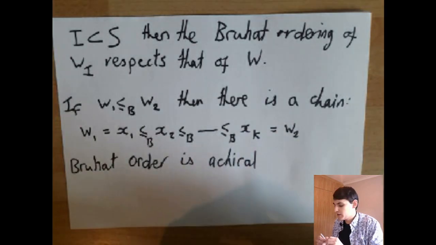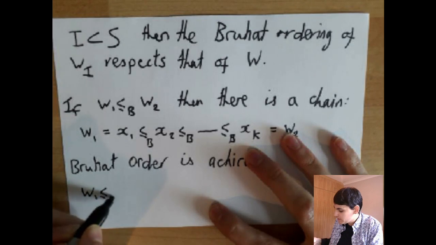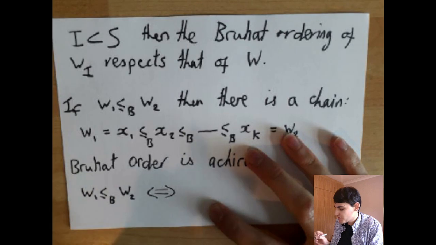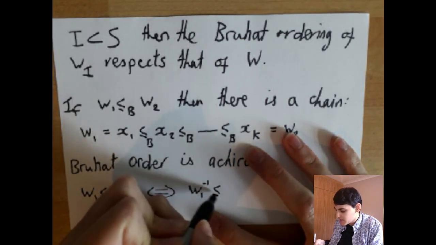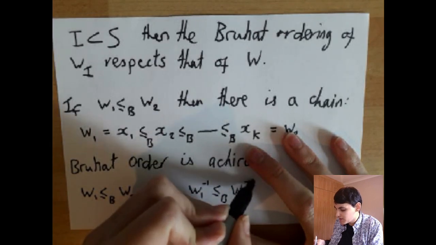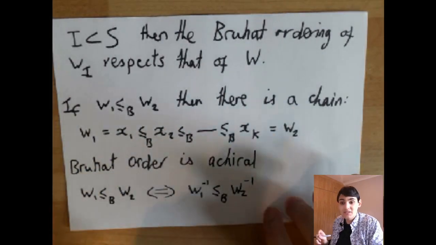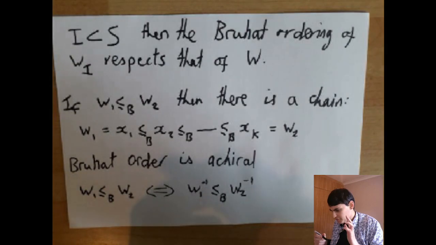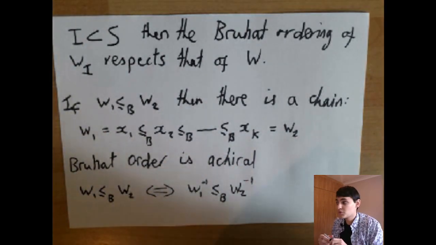We also have another interesting fact about the Bruhat order: if W1 is less than or equal to W2 in the Bruhat order, then this is true if and only if W1 inverse is less than or equal to W2 inverse in the Bruhat order. Now the reason I'm mentioning this is that it goes against what we're used to with partial orderings.